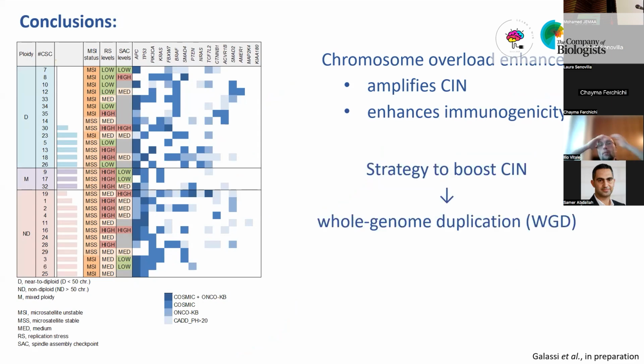So our idea was to basically boost SIN and analyze if we could revert the immune escape of cancer stem cells. We are using several mechanisms to boost SIN. I'm just showing you this mechanism, which is quite advanced in our study, which is based on whole genome duplication. So we force cells to duplicate entirely their genomes, and this leads to an increase in SIN, as we showed, and we confirmed also in these models.